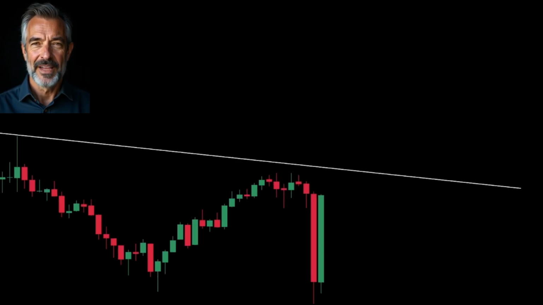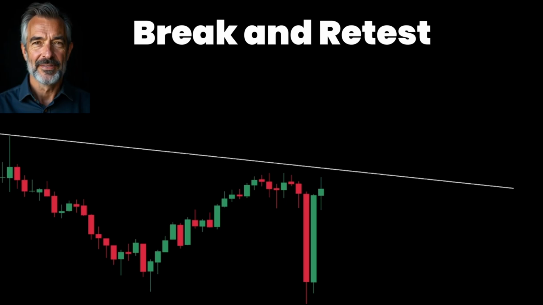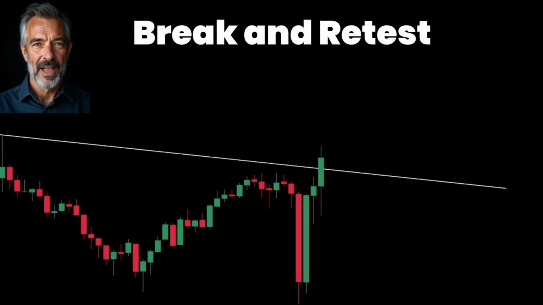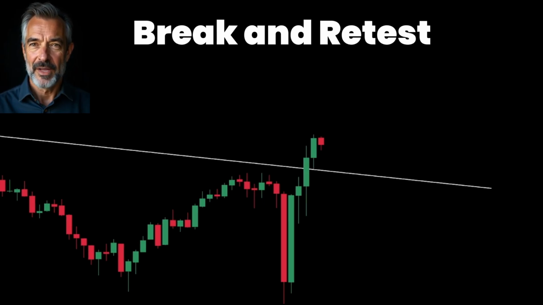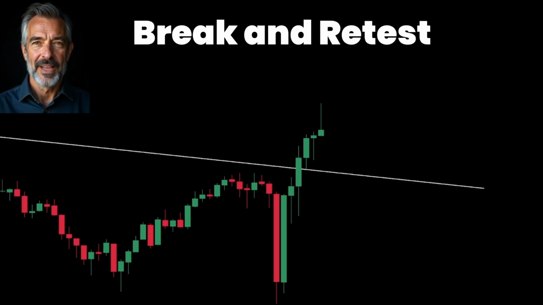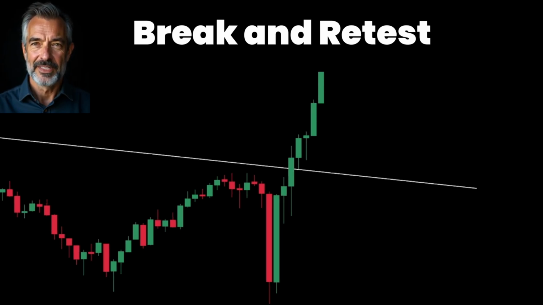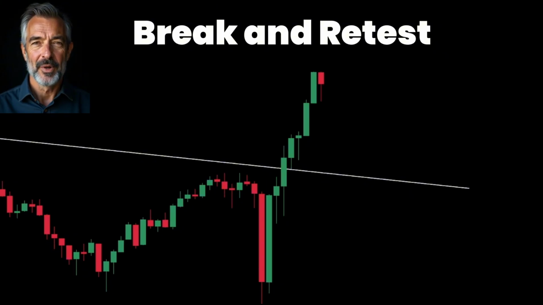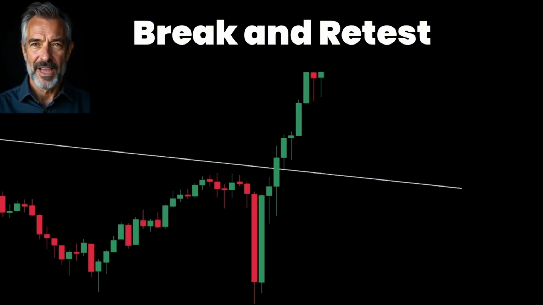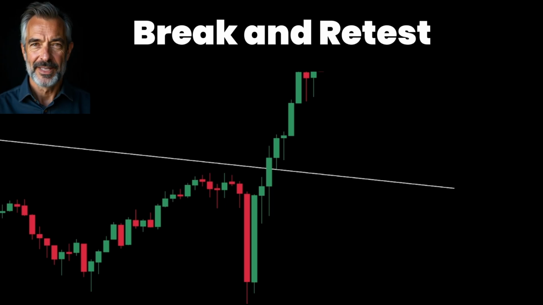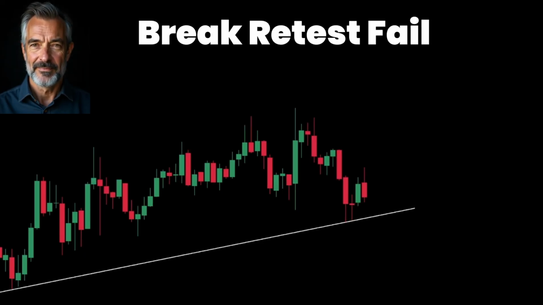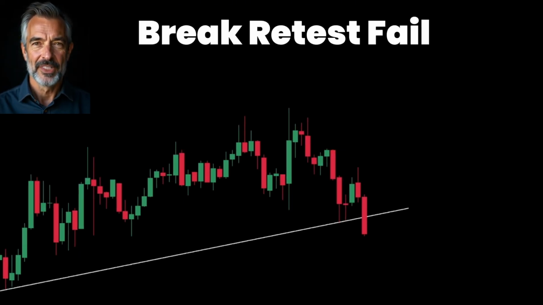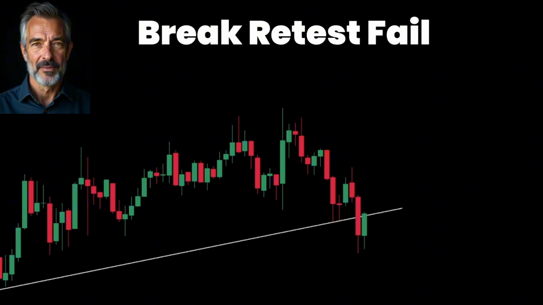Example 4, break and retest pattern. A clean 3-touch falling trend line. Strong breakout with a close above the line. The confirmation candle retested with a long wick, exactly what we want to see. Entry above the confirmation, stop below, targeting 2R. A classic break and retest setup. Example 5, break, retest, fail. A rising 3-touch trend line finally broke with a powerful close below.